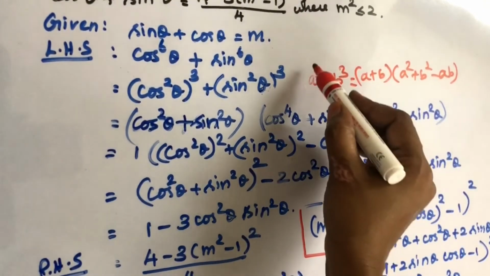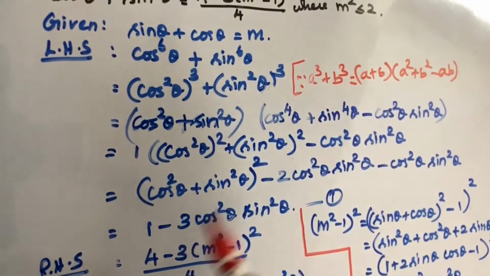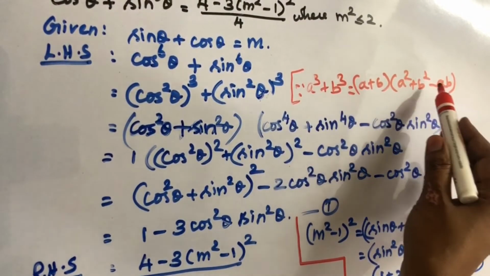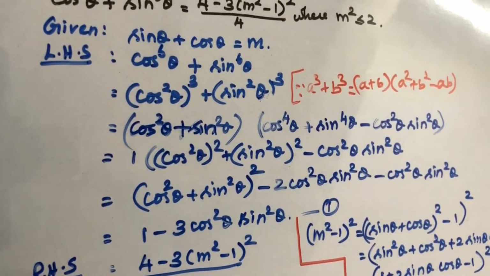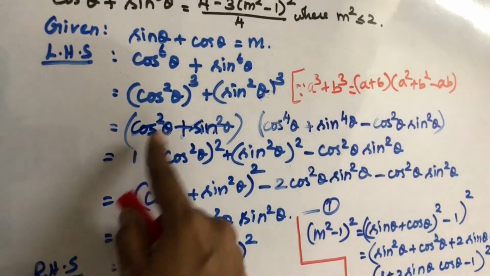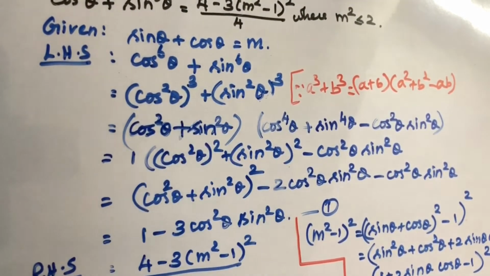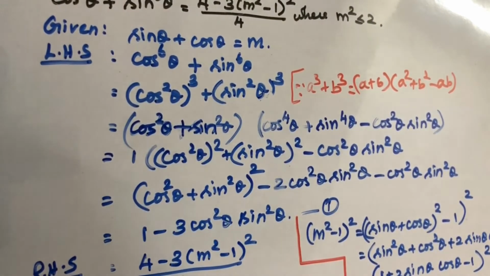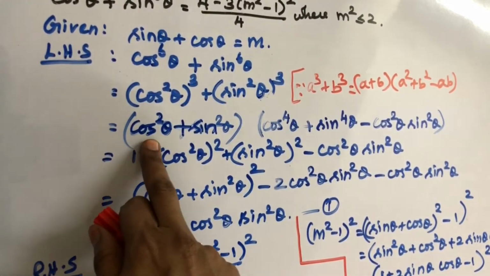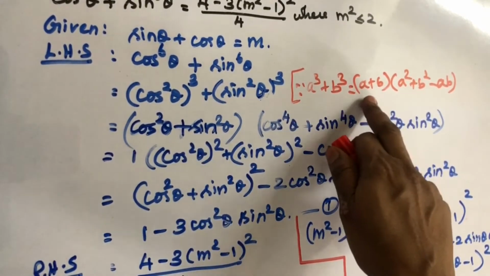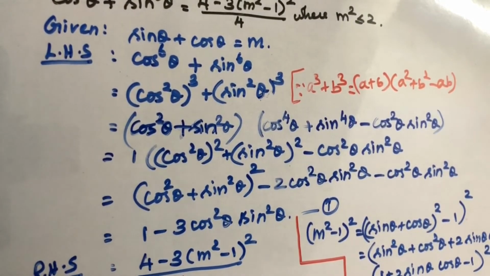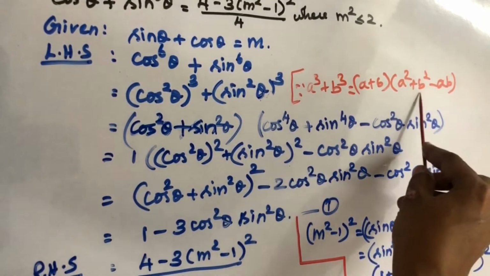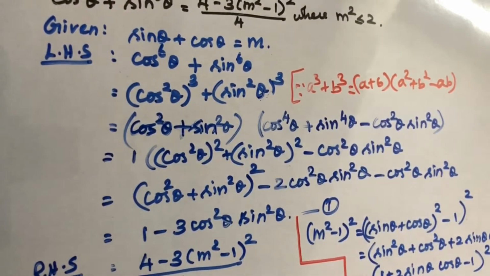So I use this identity here, a cube plus b cube is equal to a plus b into a square plus b square minus ab, and rewrite it as cos square theta plus sin square theta. I take cos square theta as a and sin square theta as b here. So cos square theta plus sin square theta, that is a plus b, into cos to the power 4 theta, that is a square, sin to the power 4 theta, b square, minus ab.